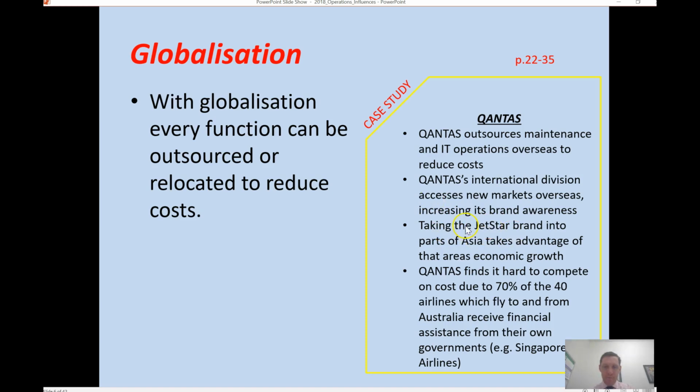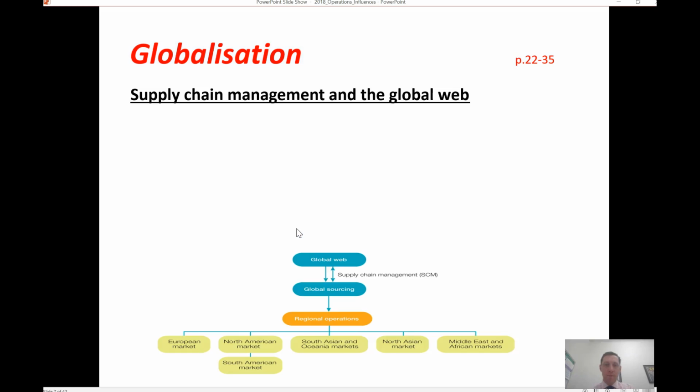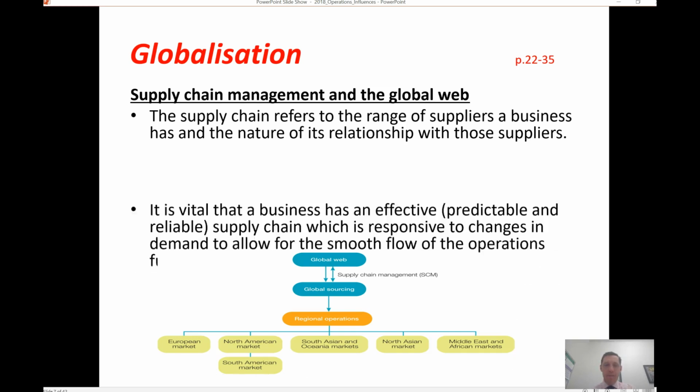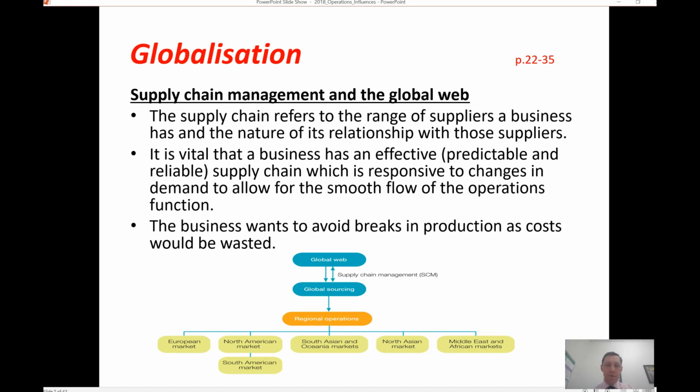And there's a couple of other elements to Qantas there, but I'll let you read in your own time. Globalisation also relates to supply chain management and the overall global web, if you will, and where supply is coming from, the supply that's required for operations. Globalisation has meant again that supply can come from any corner of the globe.